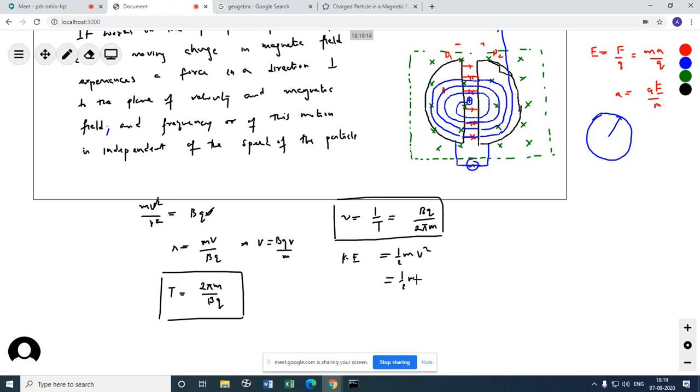Half m times b square q square r square by m square. So one m gets cancelled. It is b square q square r square by 2m. This is the maximum kinetic energy of the accelerated charged particle in the cyclotron.